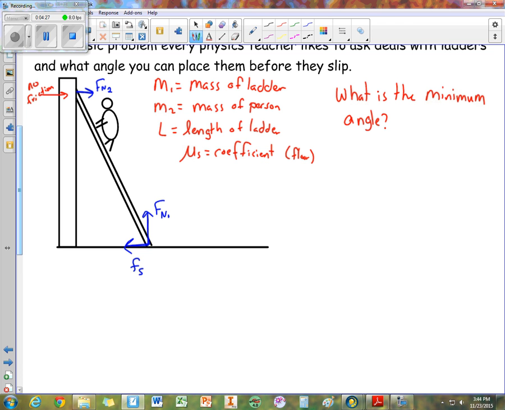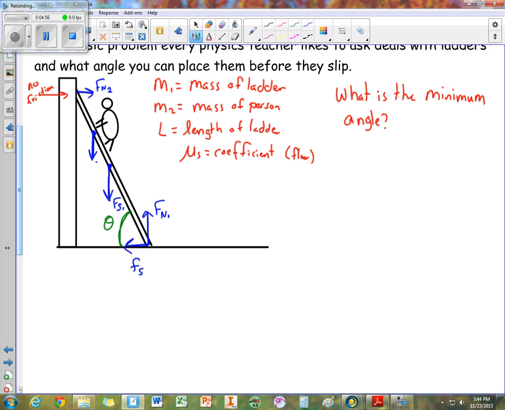What we want to study then is what that angle right there needs to be. That's what we want to find. Okay, this ladder has mass, so up here we're going to have a gravitational force, Fg1, that's for the ladder, and then we have a person on the ladder.